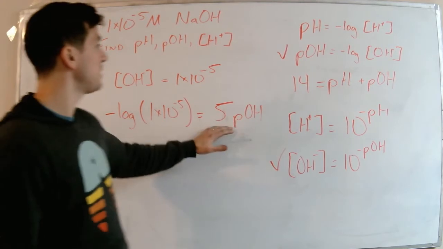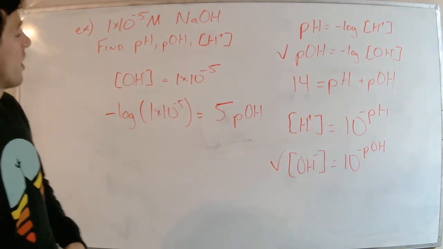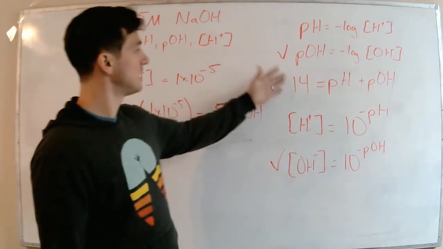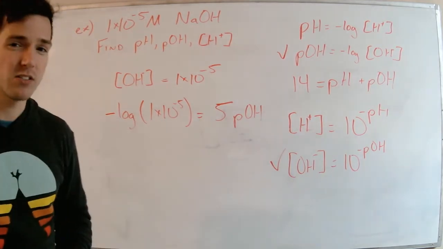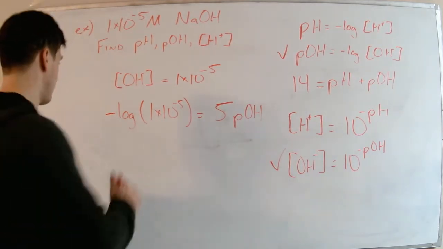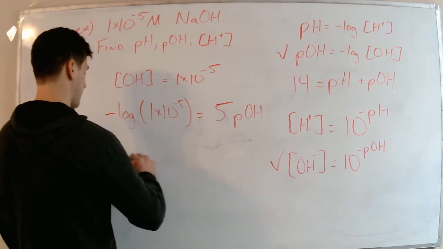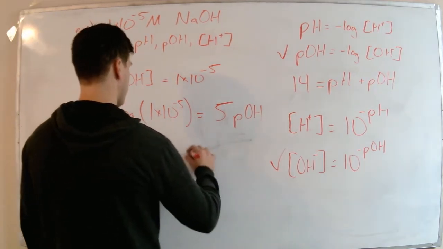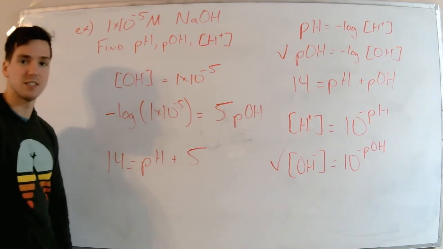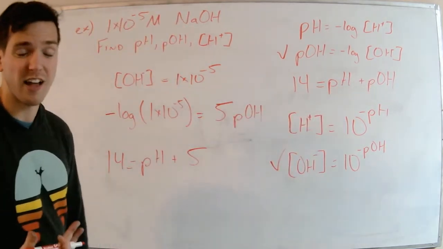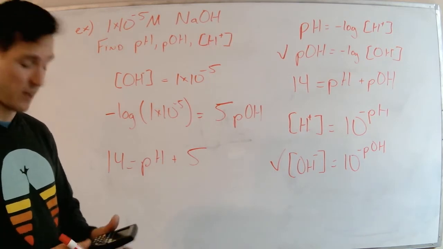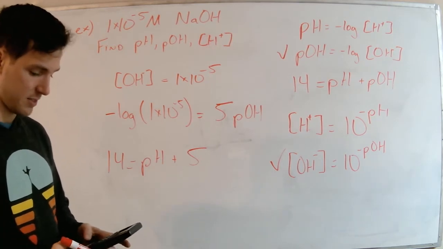Now that we have pOH, we can go to pH. All right, so let's figure out pH. We know that 14 equals pH plus 5, right? Since we have pOH right here, all you have to do is subtract 5 from both sides. So take 14 minus 5 to get a pH of 9.